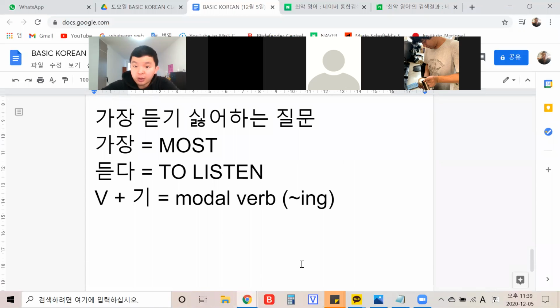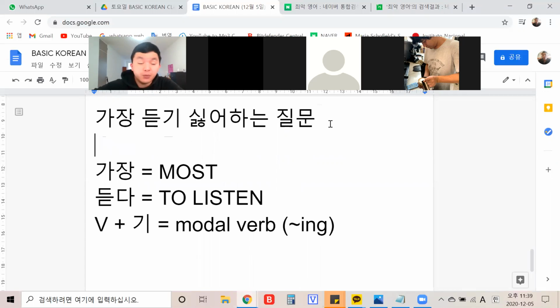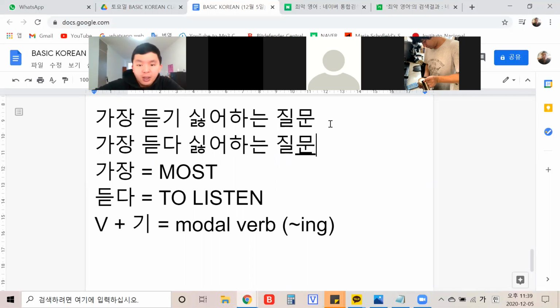I always say in class, remember, in basic Korean, the original form of the verb you cannot use in the middle of a sentence. Like 가장 듣다 싫어하는 질문, with the original verb, this sentence is incorrect.